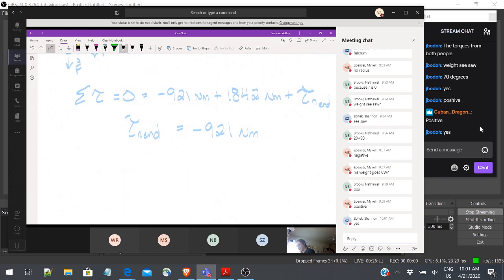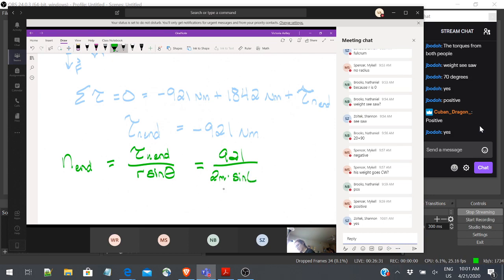Okay. So can we find the magnitude of the normal force? Well, that would be our torque divided by r sine theta. So it would be 921 divided by r, which is 2 meters. Sine theta: our normal force is straight up, perpendicular to the ground, the ground is pushing up, if that makes sense.